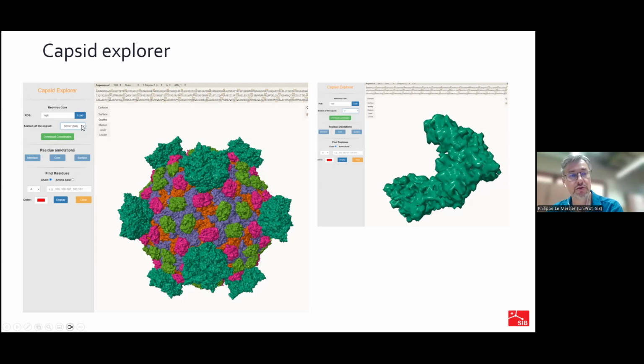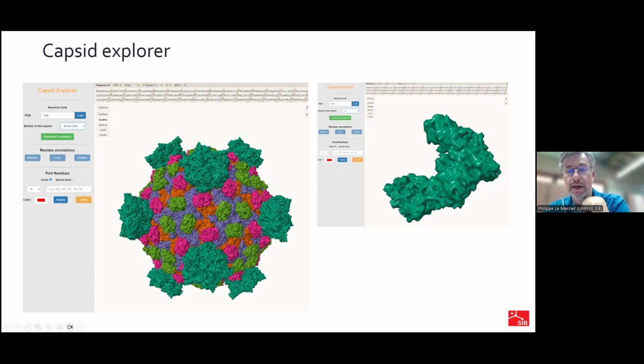And here you can choose the PDB chain you want, because you see it's an assembly with a lot of PDB chains, and it can be a problem to isolate them. Here you just have to click to choose one, and you can save, download, and you will have a PDB file to play with.